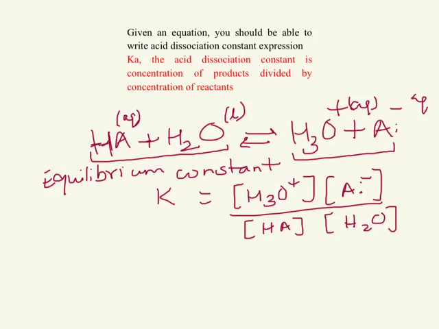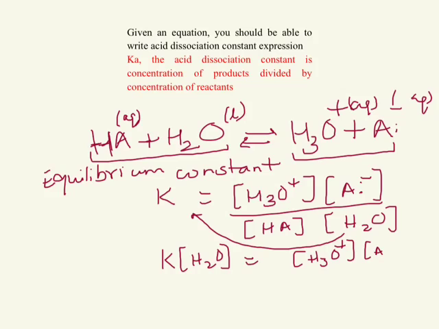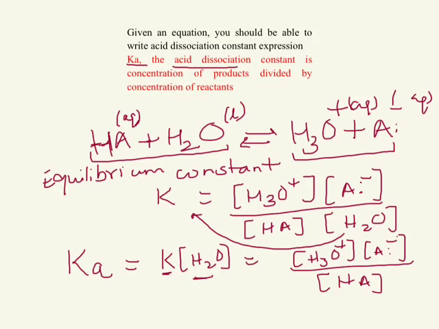Since water is a liquid and its concentration is essentially constant, if I take this on that side, K[H2O] equals [H3O+][A-] divided by [HA]. And this constant times this constant is replaced by a new constant which we call Ka, known as the acid dissociation constant.